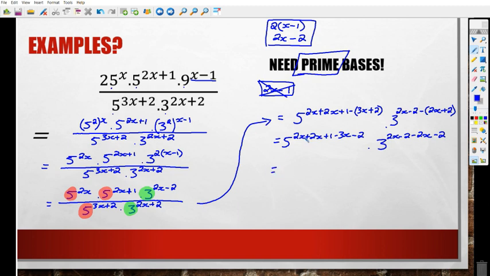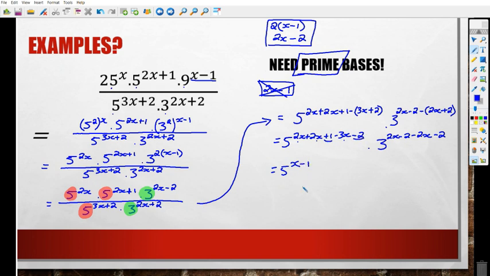Let's check. Can I simplify my exponent here? Yes, I can add those like terms together. What is 2x plus 2x minus 3x? We've got just x. And what is 1 minus 2?